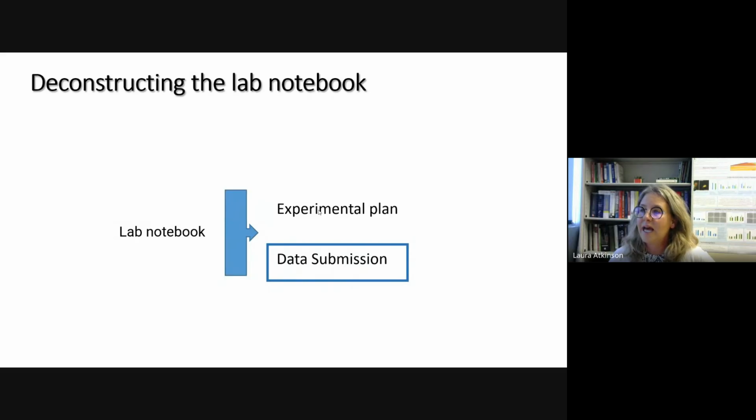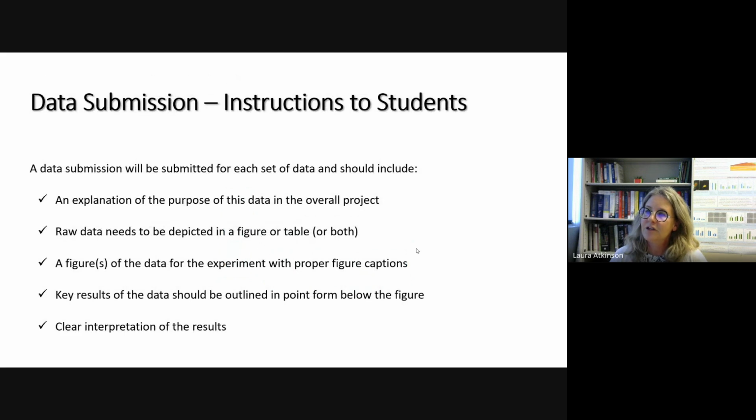Okay, so I talked about deconstructing the lab notebook into experimental plans. Now I'm going to talk a little bit about the data submissions. So again, general instructions to students for every single data submission. They need an explanation of the purpose of the data in the overall project.